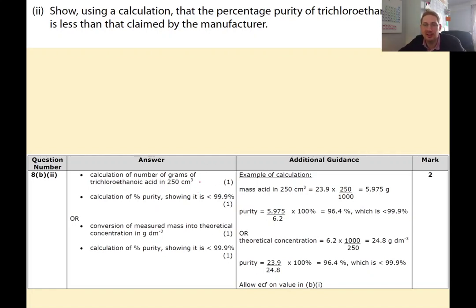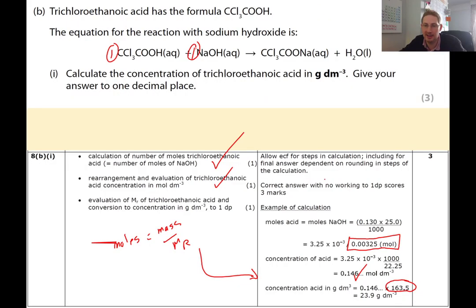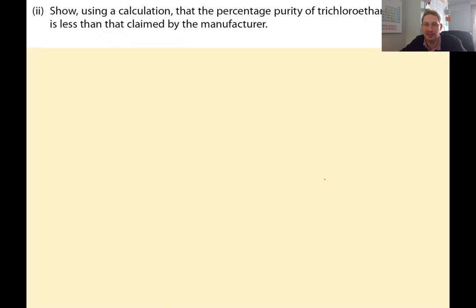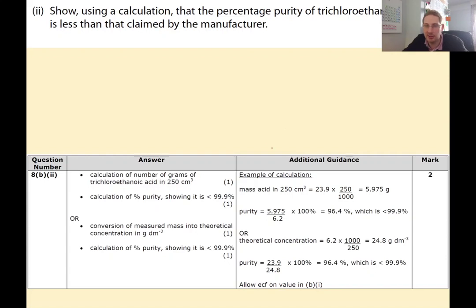We've calculated the number of grams in a litre, was it 23.9? Let's look back. Yeah, 23.9 grams per decimetre cubed. So if there's 23.9 grams in a decimetre cubed, then we can work out the number of grams that would be in 250 centimetres cubed, which is that.